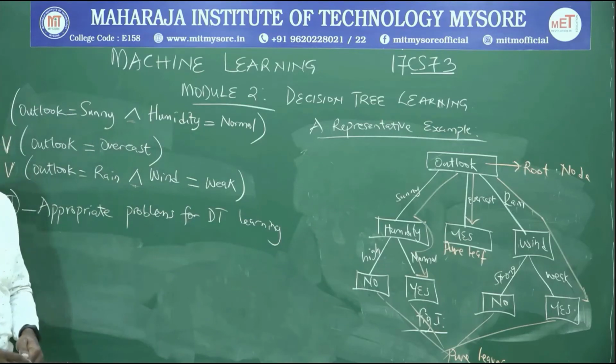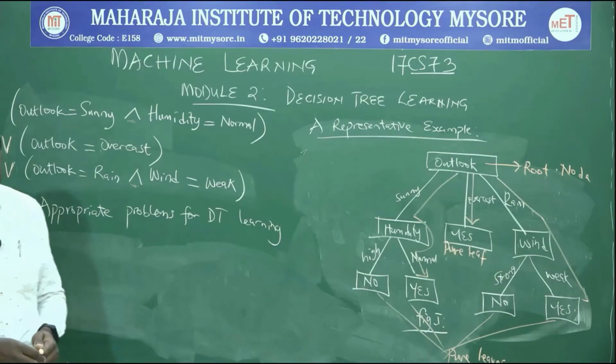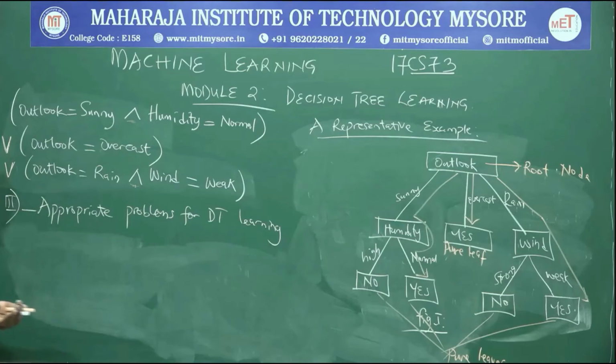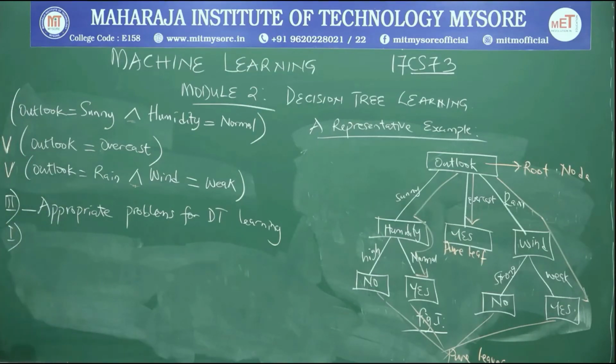So the first one is what? I won't call it a problem now because you think we are generating some problems. So I will say instances that are represented by attribute value pairs.